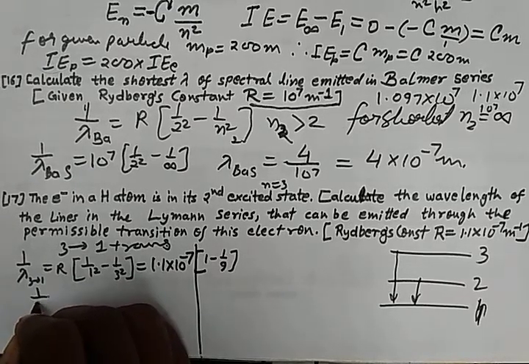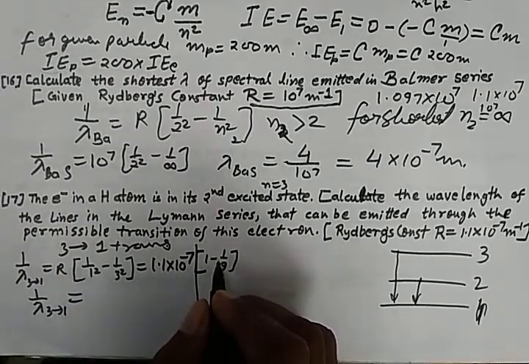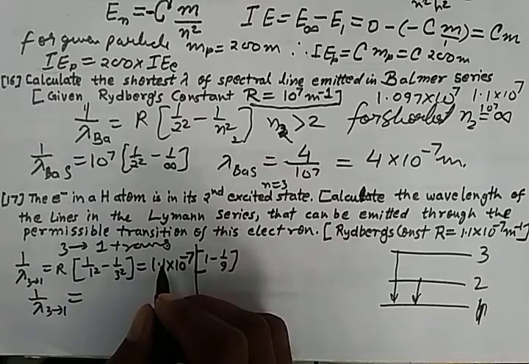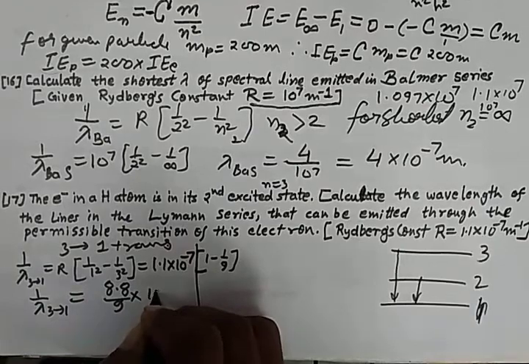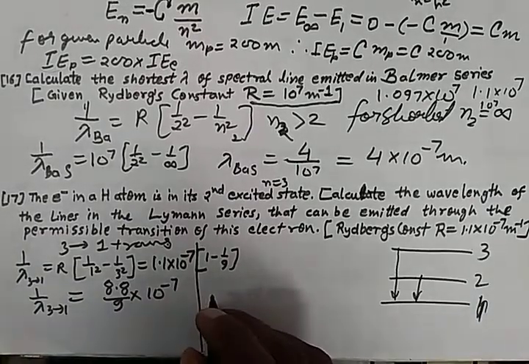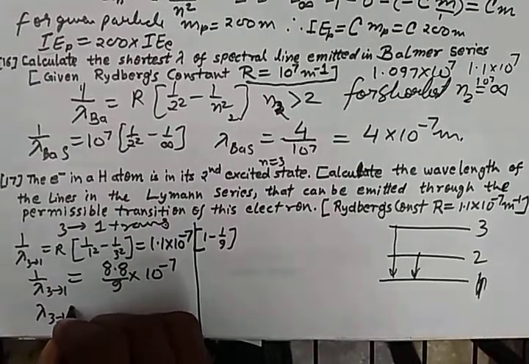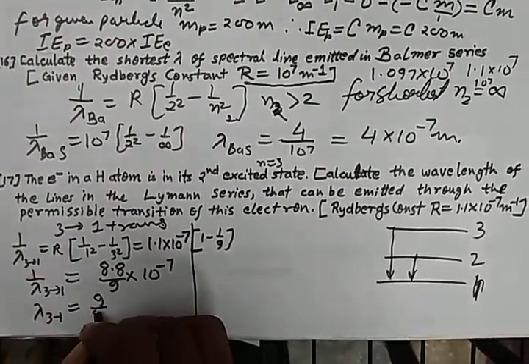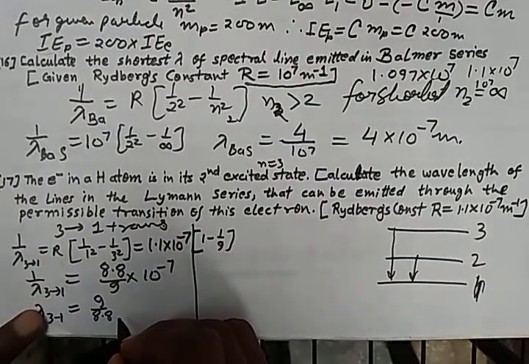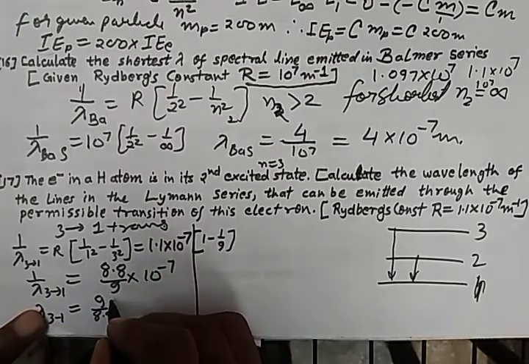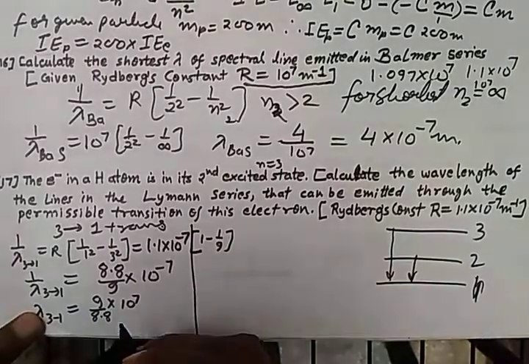So 1 by lambda 3 to 1 is 8 by 9, and I am directly multiplying it with 1.1, so it is 8.8 by 9 into 10 to the power 7. I am not going to calculate this, I am reciprocating it. So lambda 3 to 1 is equal to 9 by 8.8, and this 10 to the power 7 will go into the denominator.